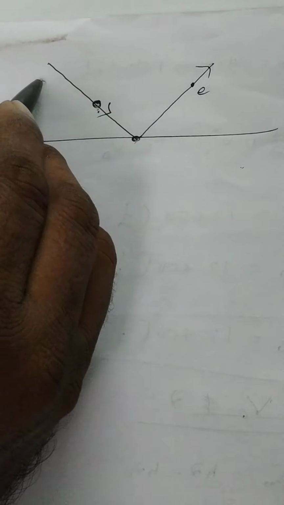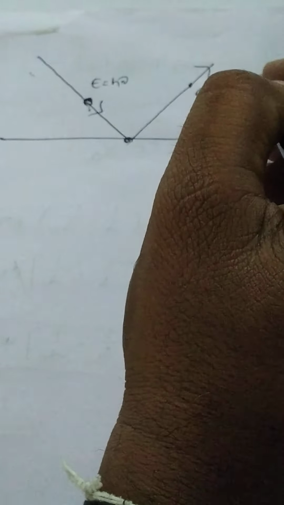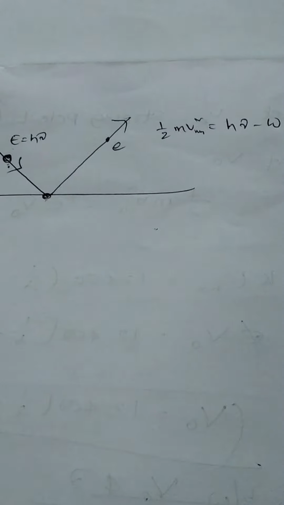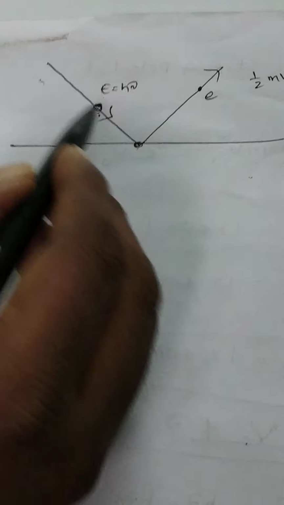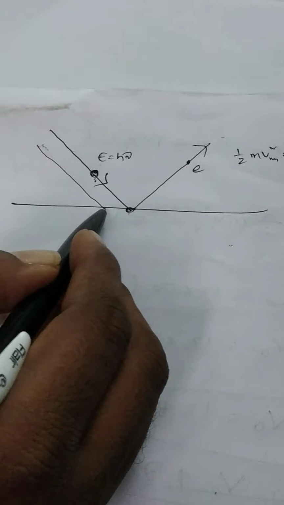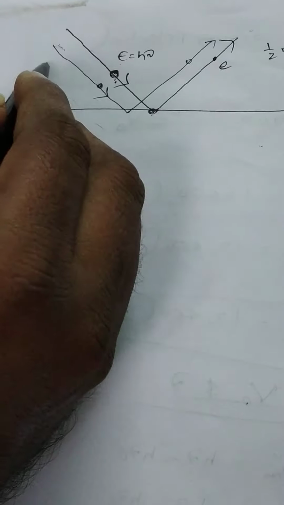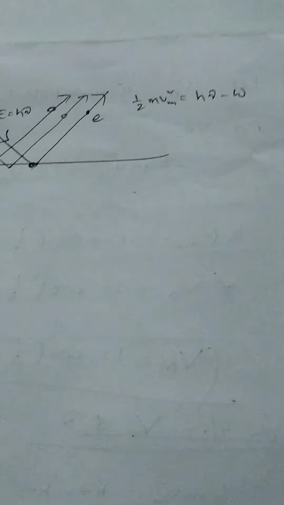The energy of the incident photon is h nu, and the kinetic energy of the ejected electron is half m v maximum square, equal to h nu minus W. If one photon is incident, one electron will be ejected. If two photons are incident, two electrons will be ejected. If three photons are incident, three electrons are ejected from the metallic surface.